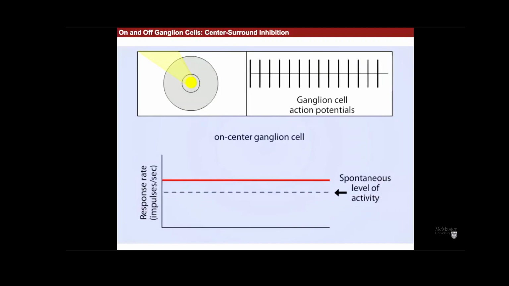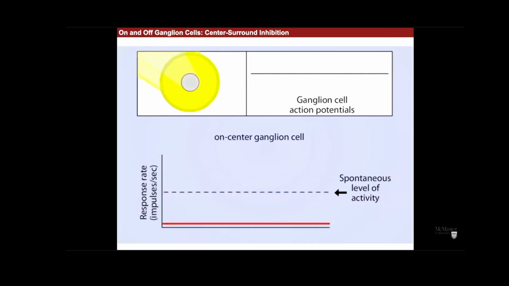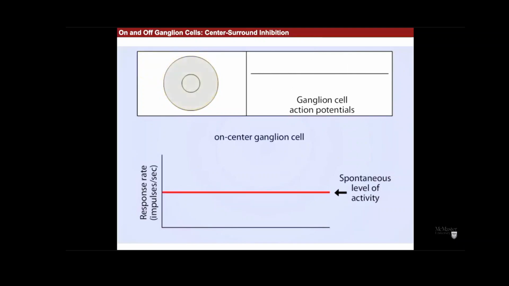A maximal response in an on-center ganglion cell is achieved when the entire center of the receptive field is illuminated. Likewise, if we illuminate only the surround with a ring of light, the ganglion cell is maximally inhibited. Note that if we illuminate both the center and surround region, the response is just above baseline. This occurs because center effects are slightly stronger than surround.